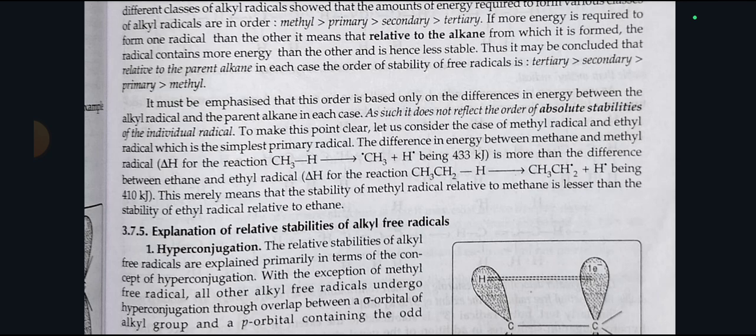To make this point clear, let us consider the case of methyl radical and ethyl radical, which is the simplest primary radical. The difference in energy between methane and methyl radical, delta H for the reaction CH4 gives CH3• plus H•, being 433 kilojoules, is more than the difference between ethane and ethyl radical, delta H for the reaction CH3CH3 gives CH3CH2• plus H•, being 410 kilojoules.